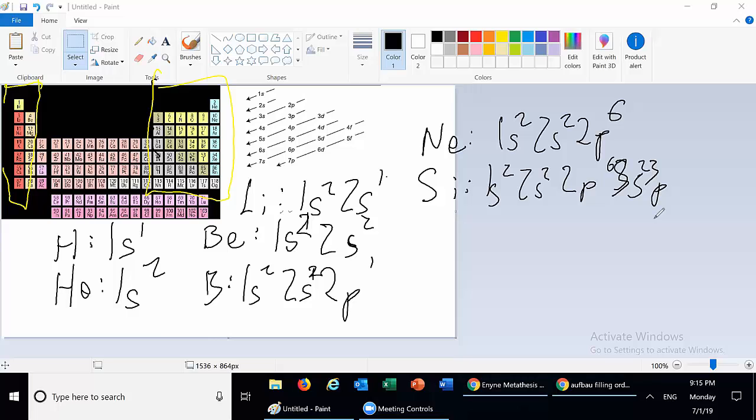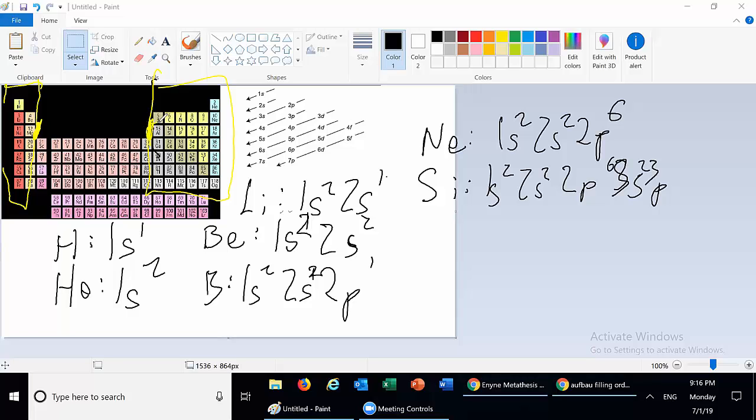You're right, we have to start filling the 3p. We're done filling the 3s orbital here, right? So now we're over here, and this is where we need to start filling the 3p orbitals.